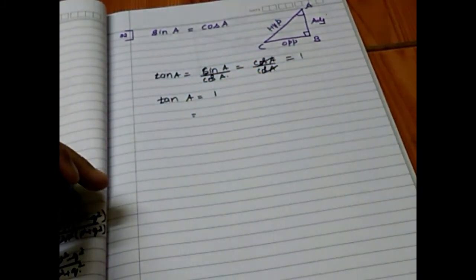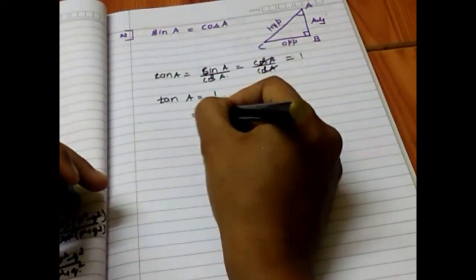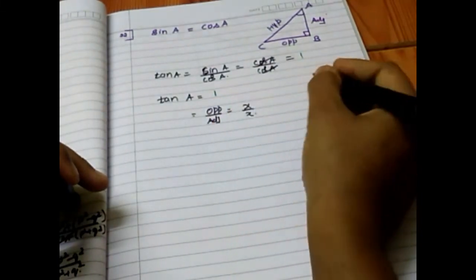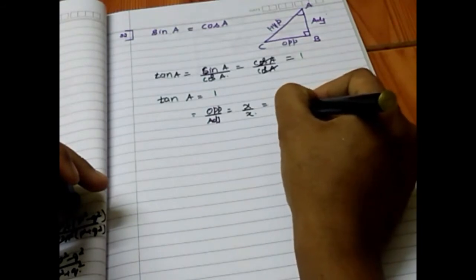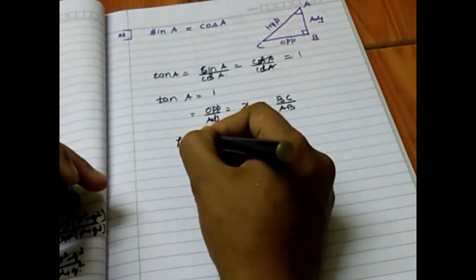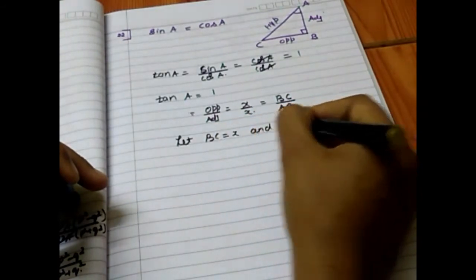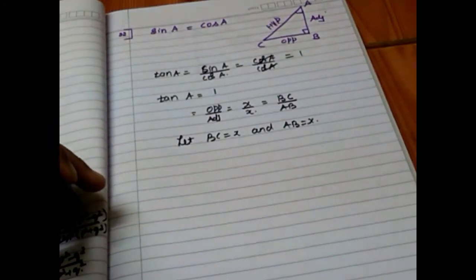What is tan, children? Tan is nothing but opposite by adjacent, that is equal to x by x. Here opposite side is BC, adjacent side is AB. So consider, let BC is equal to X and AB is equal to X. Now we need to apply the right angle triangle Pythagoras theorem.